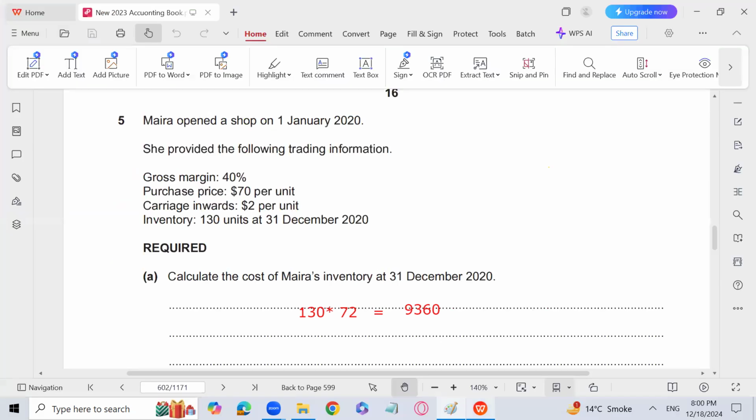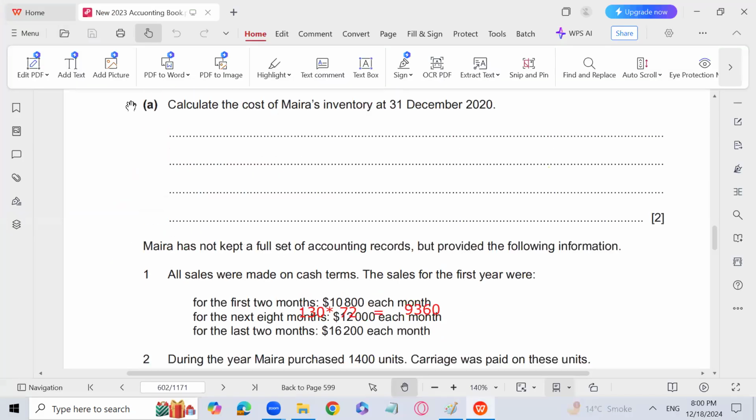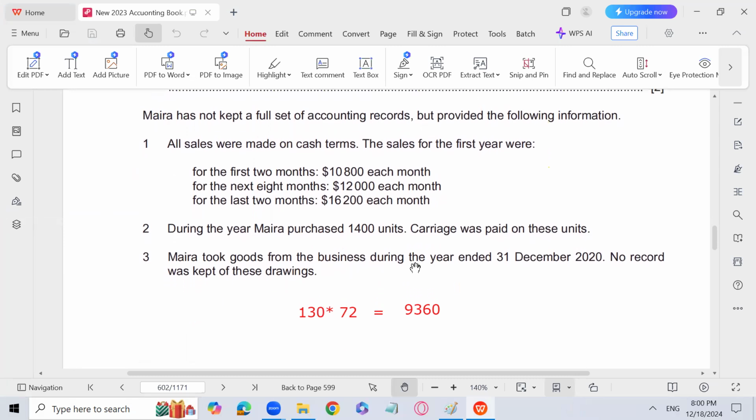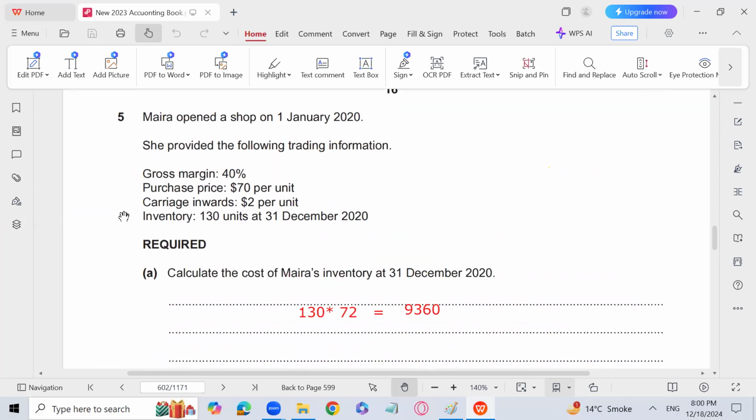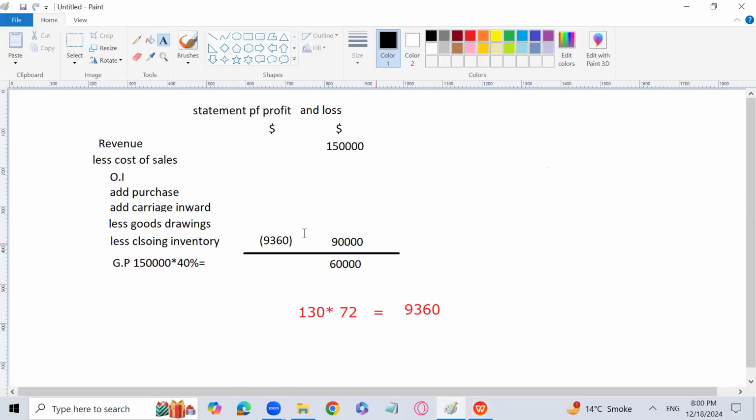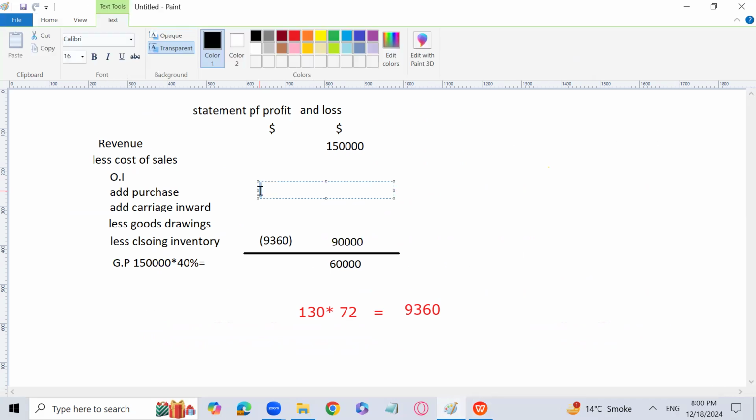We know that our purchases, which is given in the question, are 1,400 units, and on each unit the price is 70. So 1,400 into 70. What will be the answer? That will be the purchases. 1,400 into 70 is 98,000.